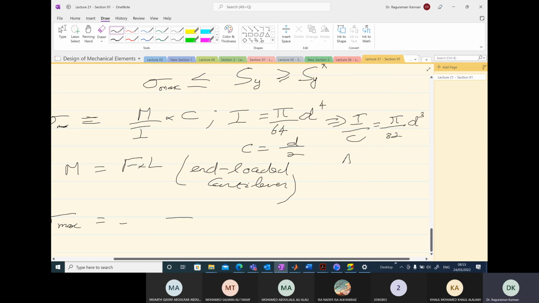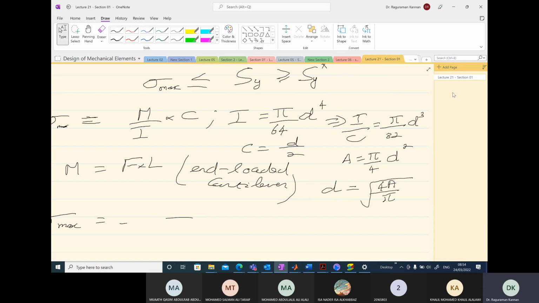However, the area of cross section A is equal to pi over 4 d square. In other words, d can be expressed by taking the other terms to the other side, square root of 4a over pi.